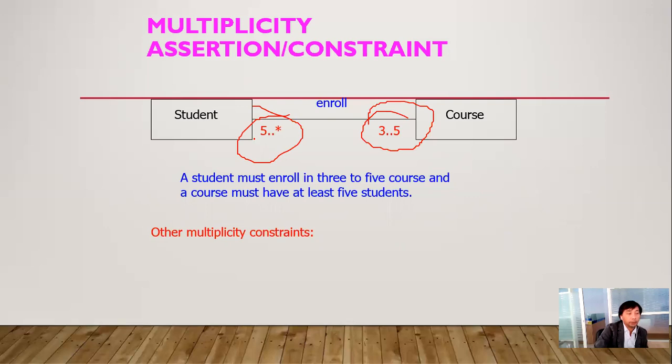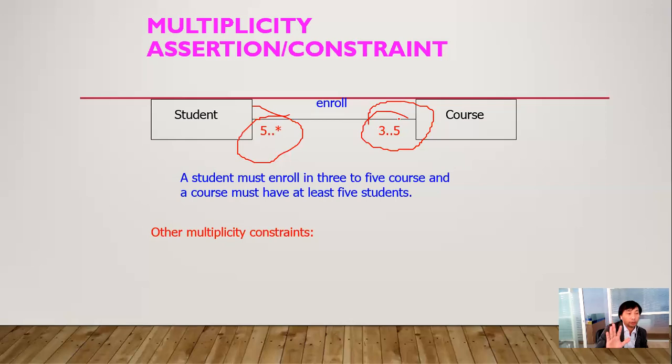So how do we read this relationship? We can read it like this: minimum 5 students can enroll into 3 to 5 courses. So a student can enroll in a minimum of three and a maximum of 5 different courses.